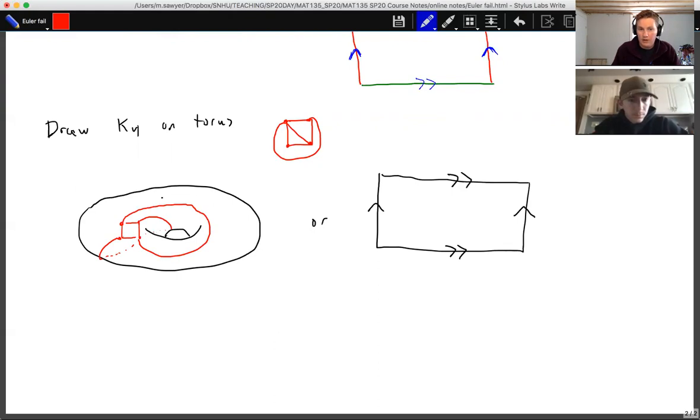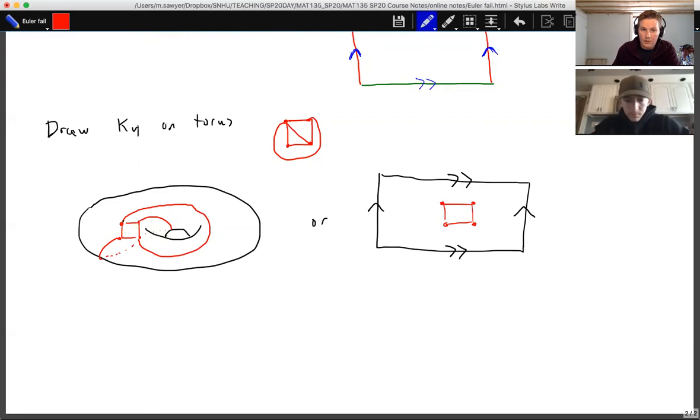But if we want to draw that K4 on a torus in a two-dimensional space, we take our K4. This is on the outside face of the torus. So we keep this here. And then we think about, well, how are we drawing this?